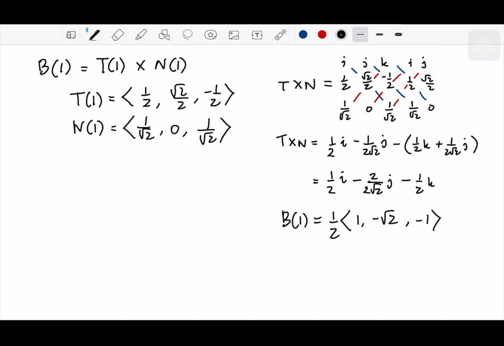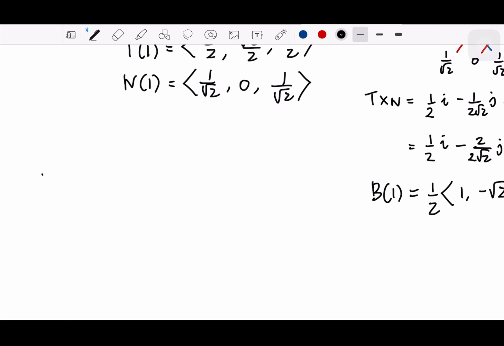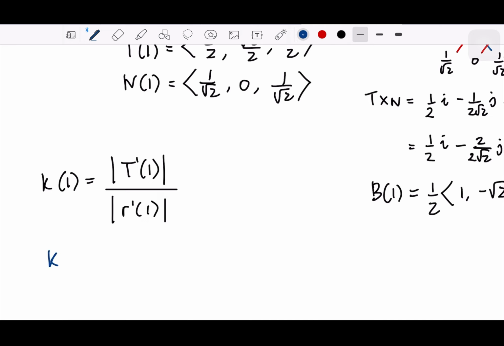And then the curvature. We can get this from this formula. Remember that the curvature is given in terms of dT over dt and ds over dt.